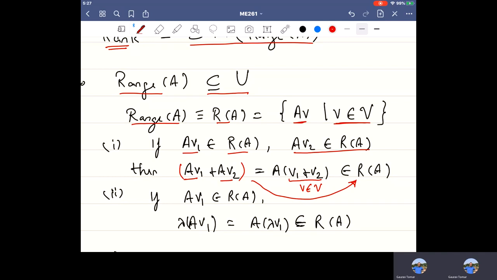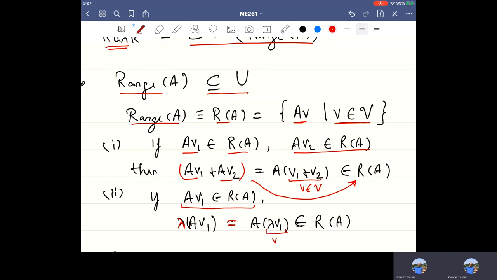Now, if we take a scaling of a vector, if Av1 belongs to the range of A, then lambda times Av1 should also belong to the range of A, for the range of A to be a subspace of U. So we scale it with lambda and check, again using the property of the linear transformation and sending lambda inside. It becomes A of lambda times v1.